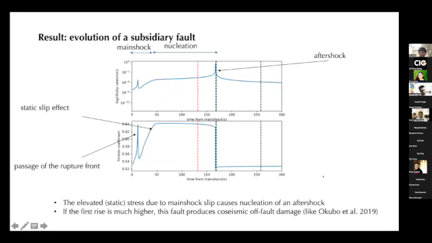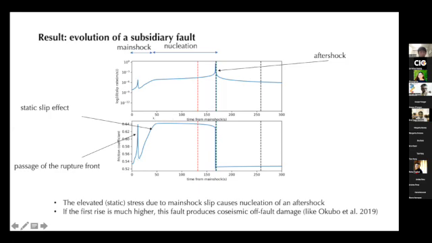And if you look more closely at a subsidiary fault that produced an aftershock, this is showing the evolution of slip rate and friction coefficient, shear over normal stress, on the subsidiary fault.